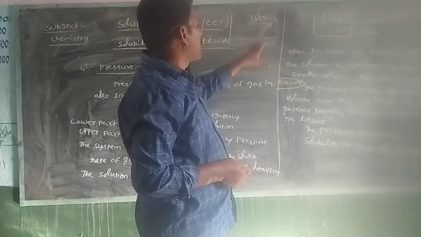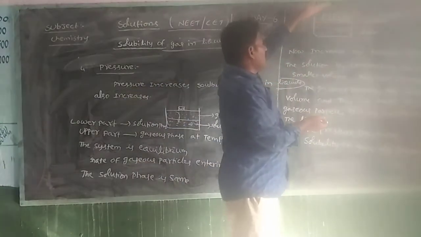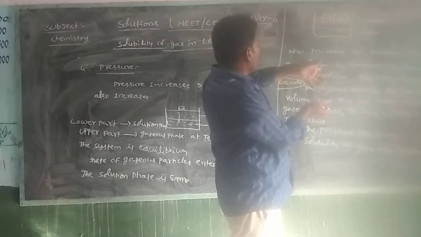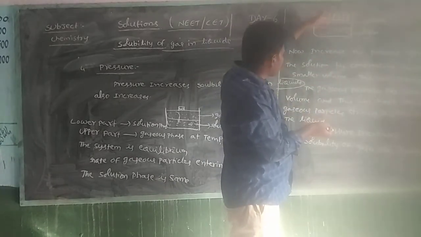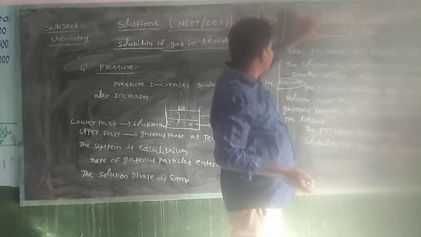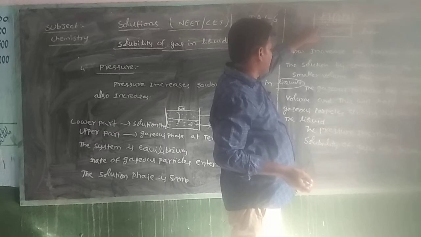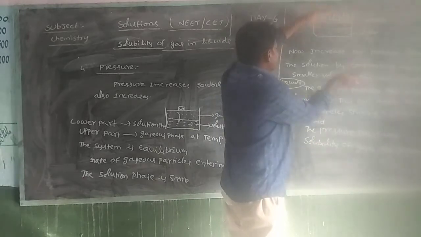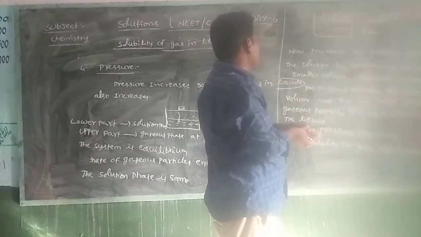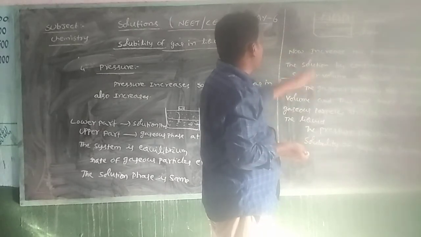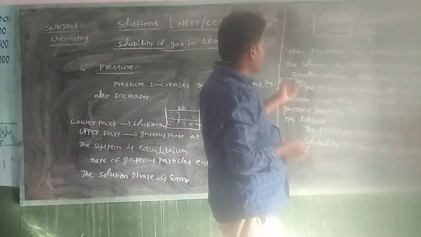Listen. Now we apply weights to increase the pressure over the solution by compressing the gas to a smaller volume. This increases the number of gaseous particles per unit volume, and thus the rate at which the gaseous particles strike the surface of the liquid. As the pressure increases, the solubility of the gas also increases.